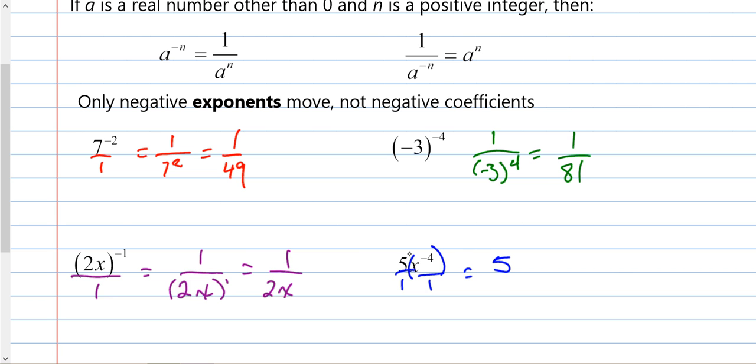It doesn't have an exponent other than that ninja 1 that we used to talk about. The x to the negative fourth, however, says, wait a minute, I don't like where I am in the fraction. I would like to be down in the denominator. So when I'm finished, I have a 5 over an x to the fourth. And that would be my final answer.